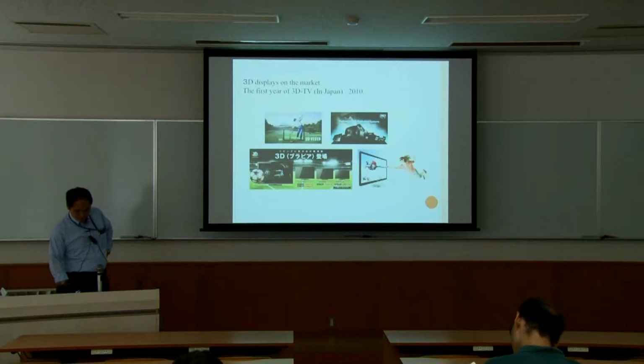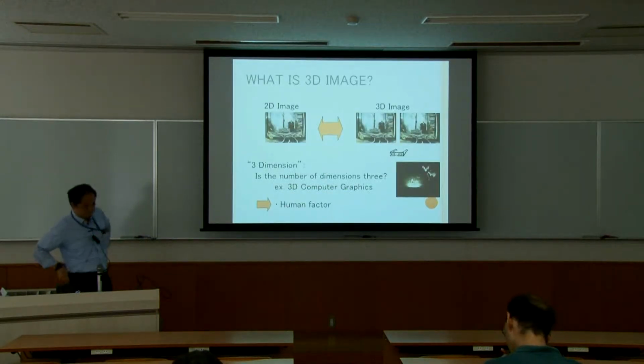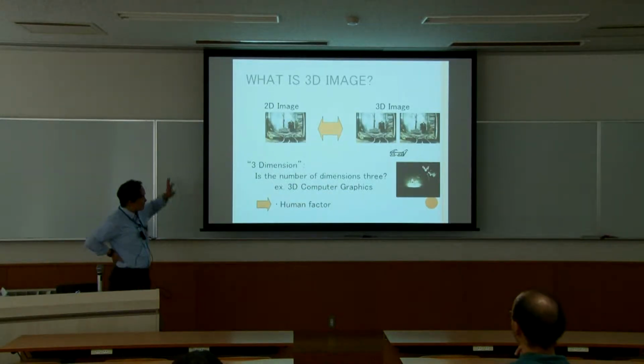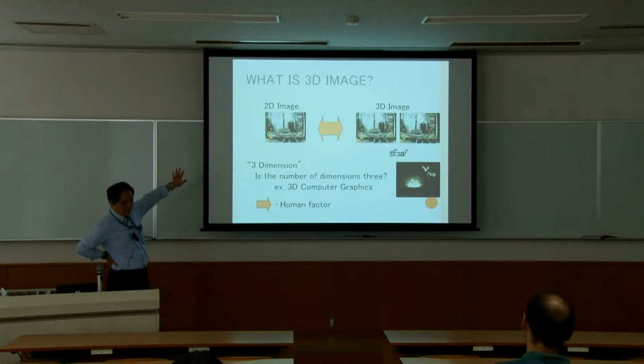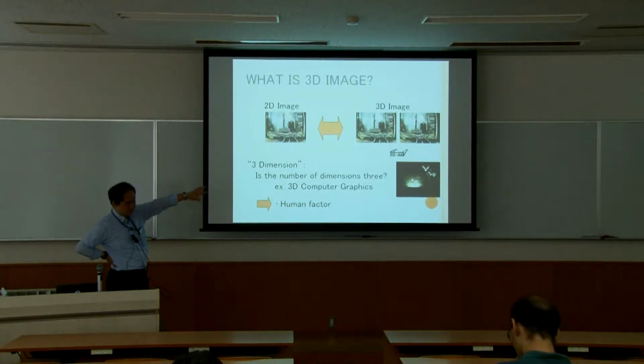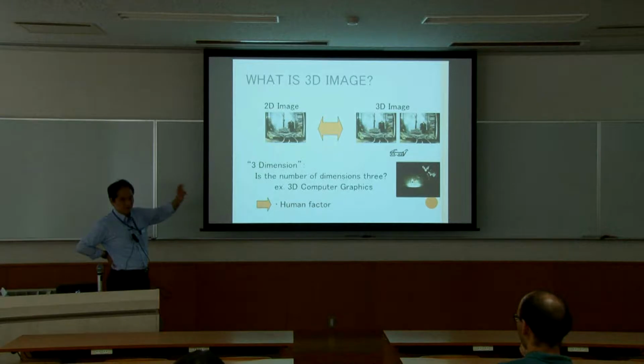So I'd like to show you this slide first. The left side is a 2D image, the two-dimensional image. The right side is called a 3D image. But is this a real 3D image? It's just 2D images.